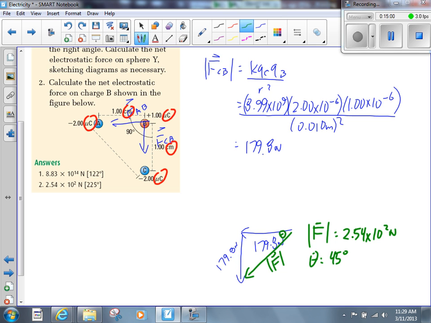Remember where that comes from. This is 0. This is 90. This is 180. Well, 45 degrees past 180, so it would be 225. Right? 45 plus 180. If that notation confuses you a little bit, don't worry about that, okay? Just worry about getting 2.54 times 10 to the 2, and then the angle of 45 degrees.